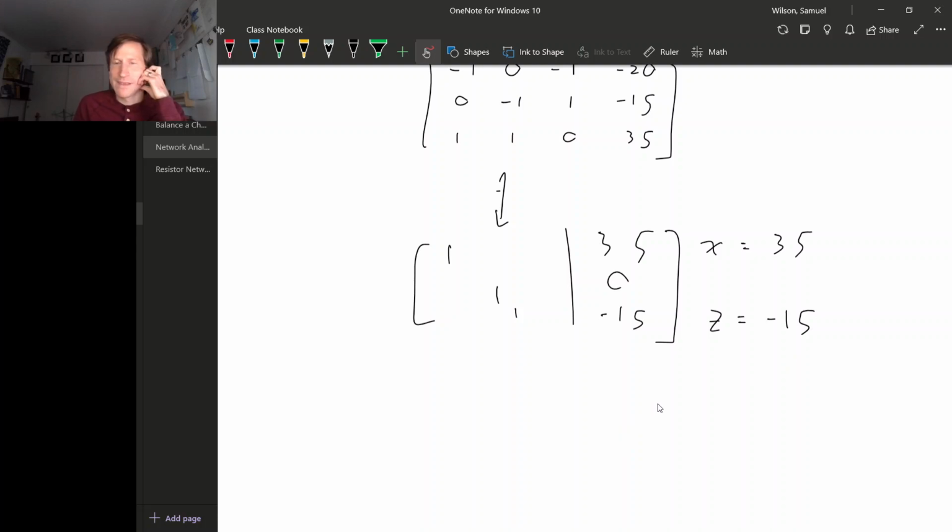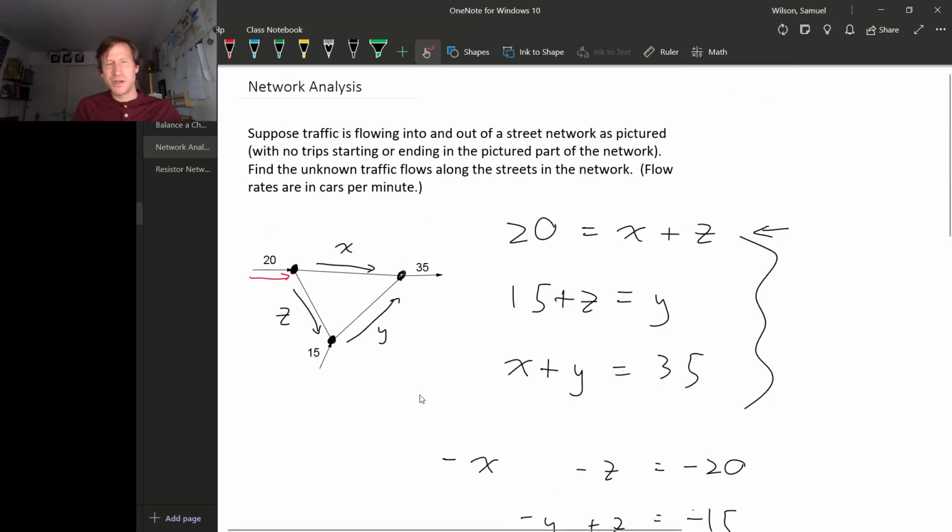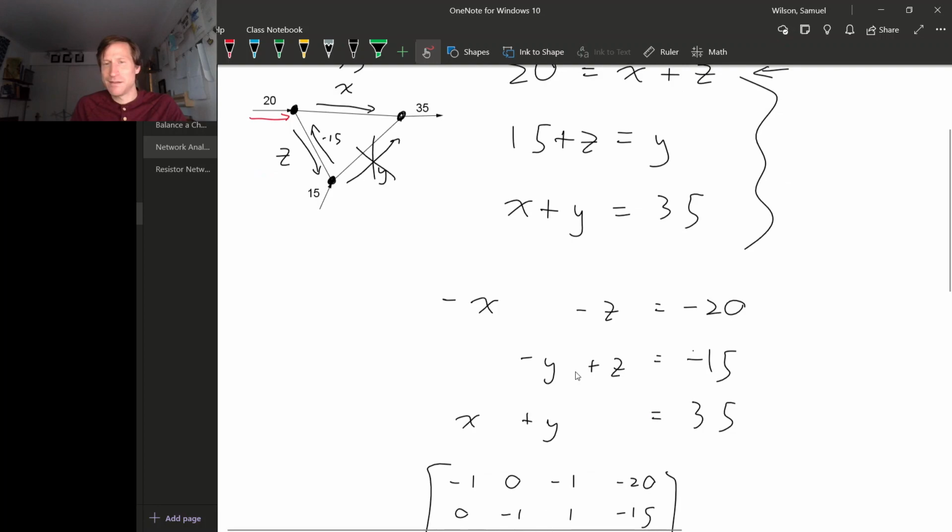Okay, so that means that in this setup, actually nobody uses this road for some reason. 35 goes this way, and people actually go that way. 15 cars per minute go that way, which is a little counterintuitive.